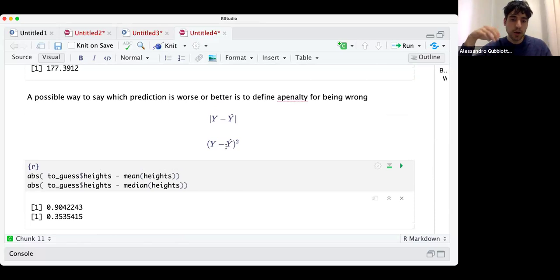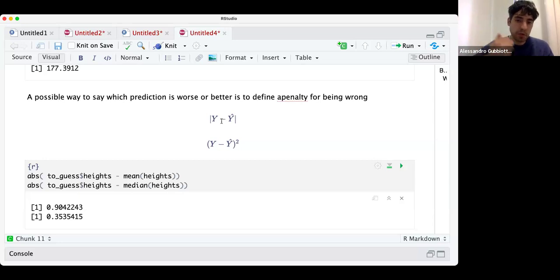If you have a guy who is 2 meters tall, 200 centimeters, and your guess is 179, 180, here you pay 20 to the power of 2, so it is better to choose a mean that is higher. Instead, here you pay only 20, not 20 to the power of 2.